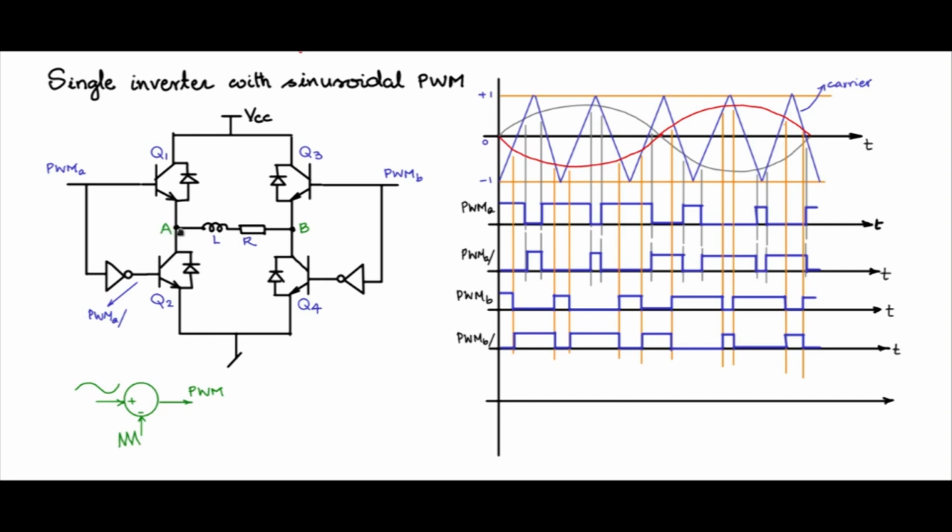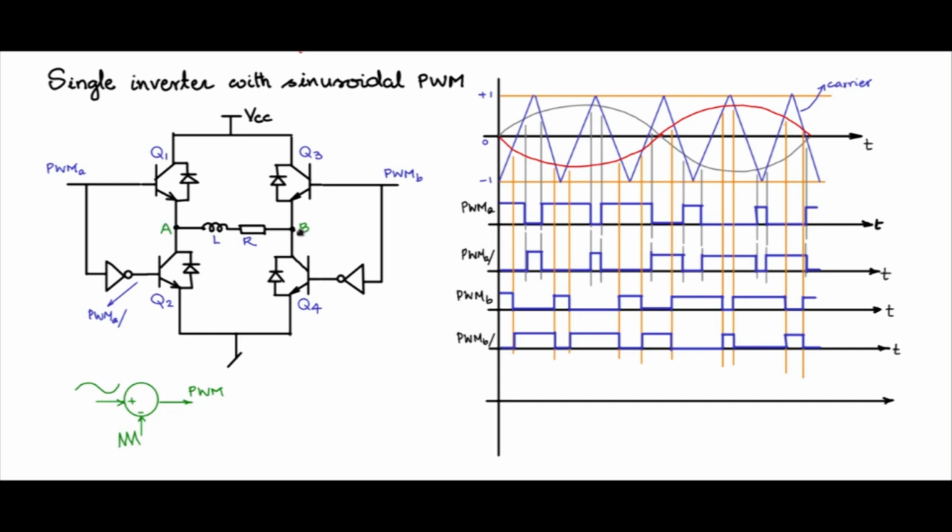So if you look at the waveform, if you look at the potential at A, if Q1 is on, this is VCC connected here. If Q2 is on, A is connected to ground. So this potential VA with respect to ground swings VCC to 0, which will be something like the PWM waveform itself, but only the amplitude will be VCC.